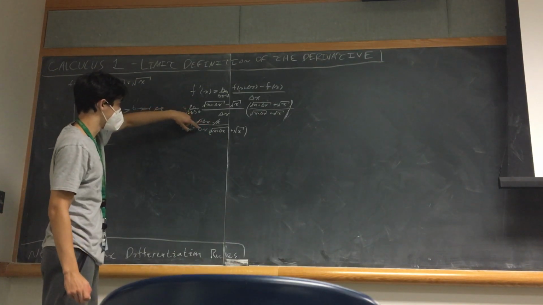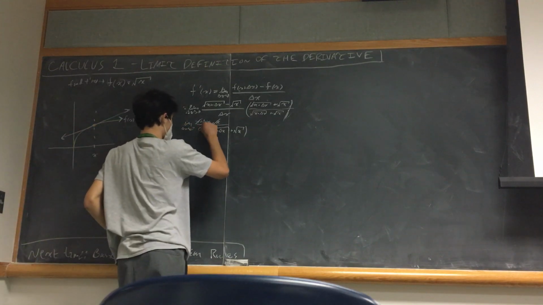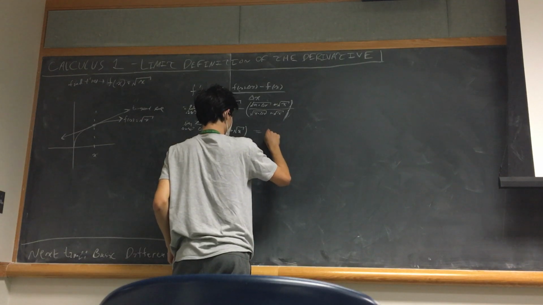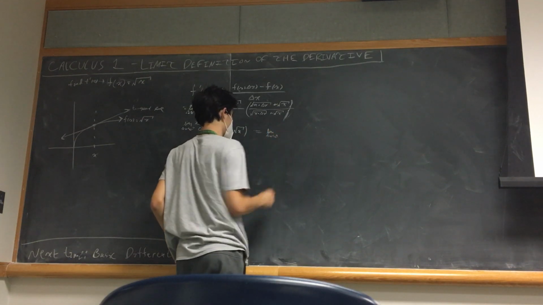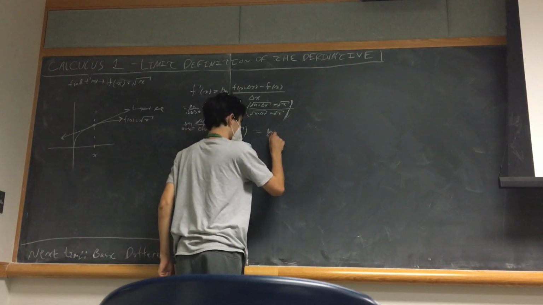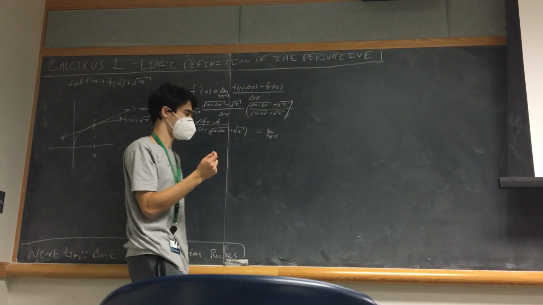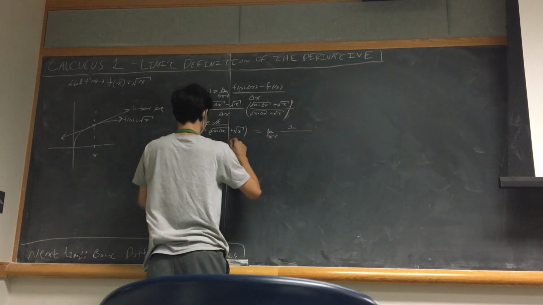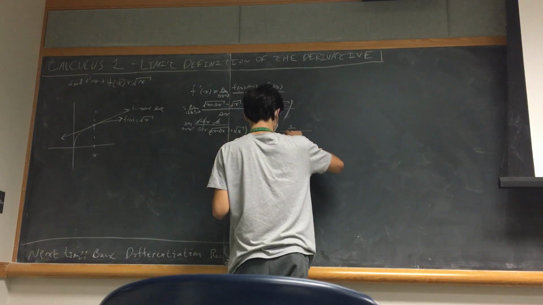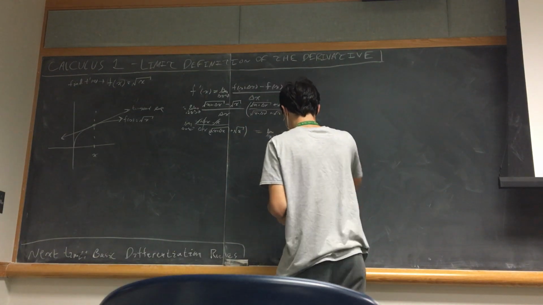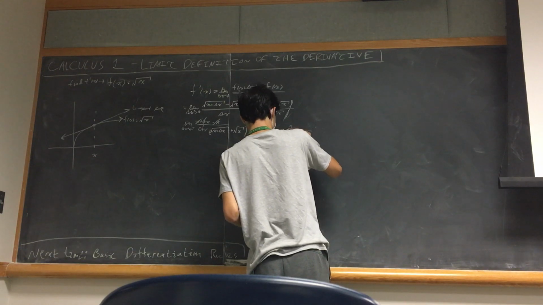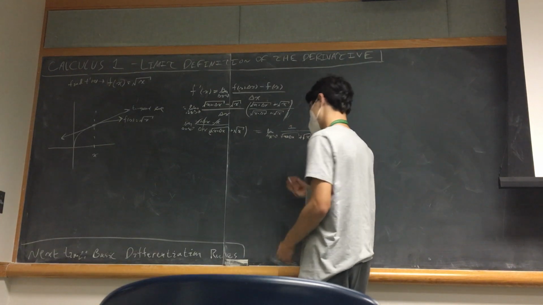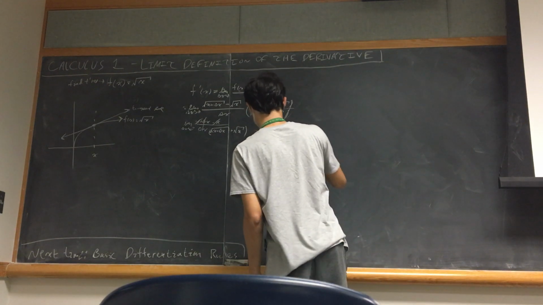But the delta x in the numerator and the denominator will cancel out, and this leaves us with the limit as delta x approaches 0, sorry, that's hard to read, my chalk is running a little low, of 1 over square root of x plus delta x plus square root of x. Now we can directly substitute 0 in for delta x.